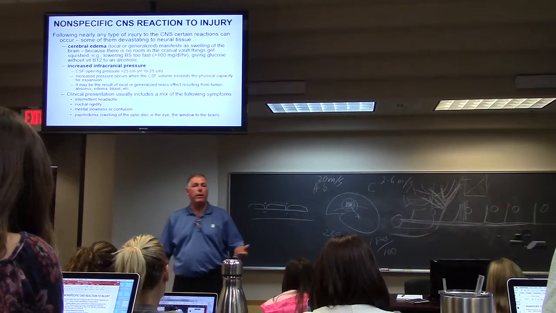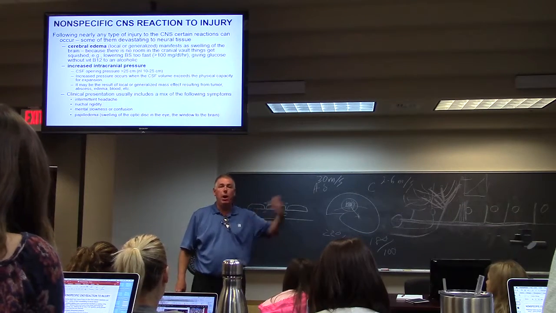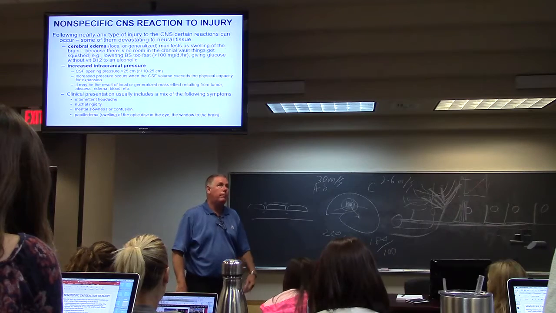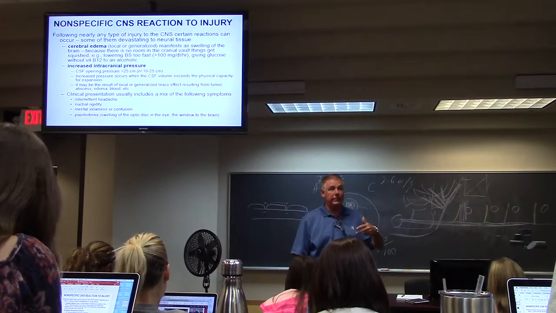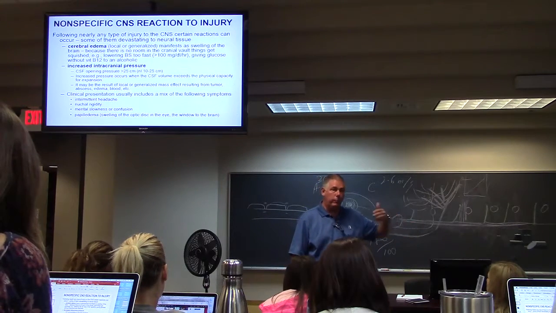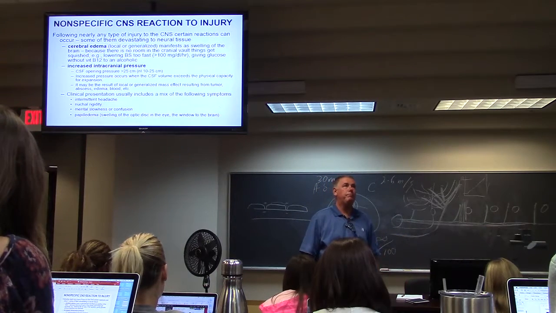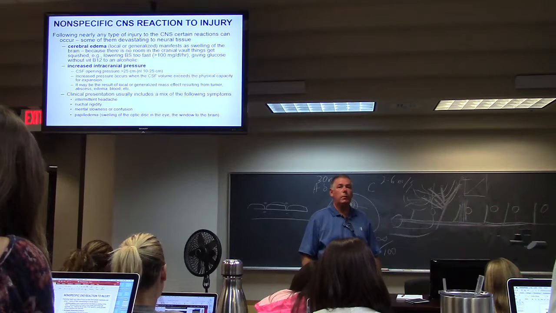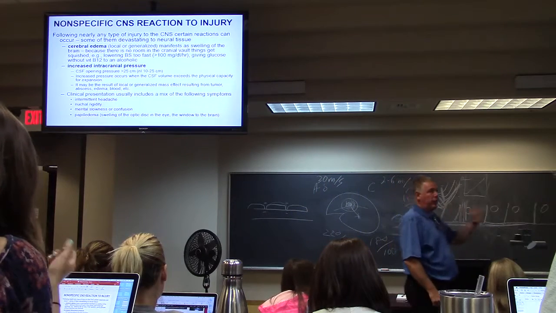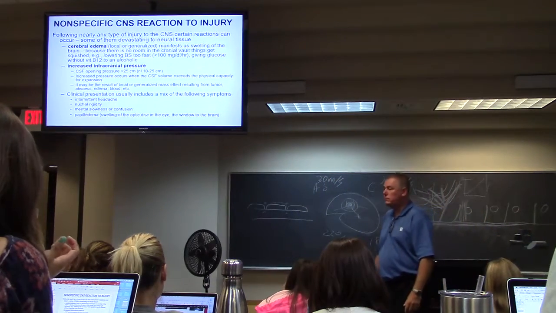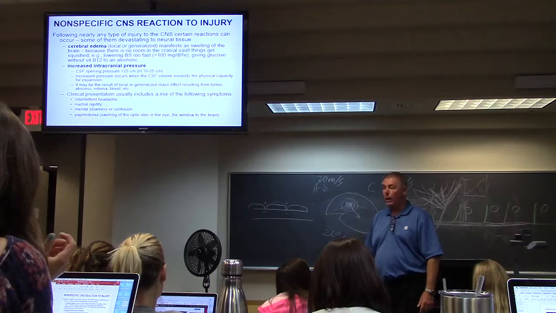An increase in intracranial pressure can push the CSF pressure beyond 25 for various reasons. One is you make too much CSF. Two, you don't get enough CSF removed back into the venous circulation, due to obstruction, for example, of the ventricular system from a tumor, a hematoma, whatever.